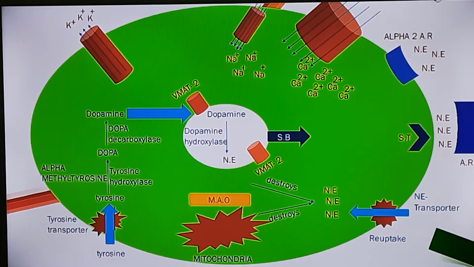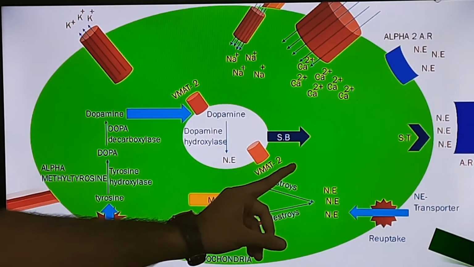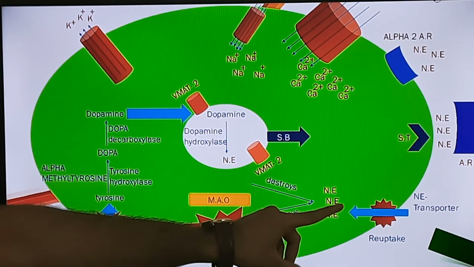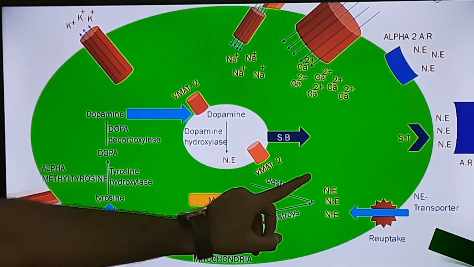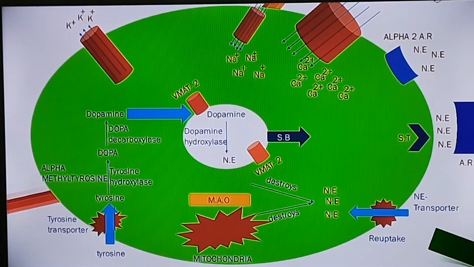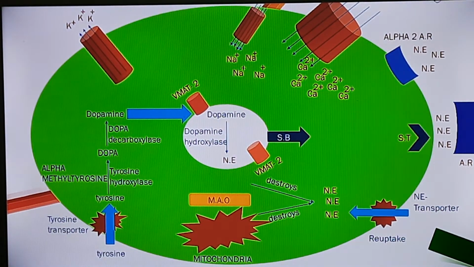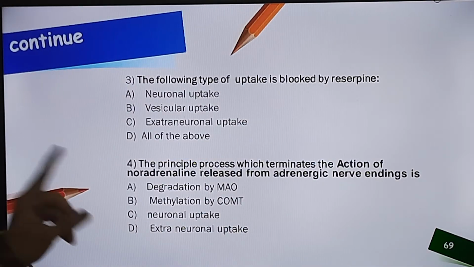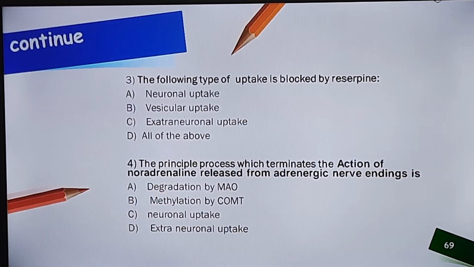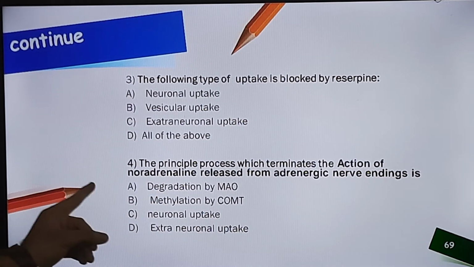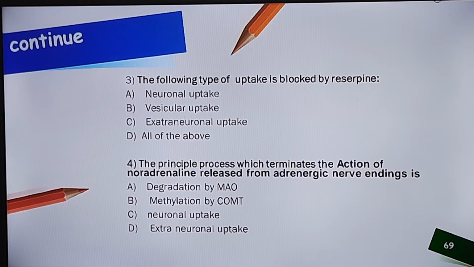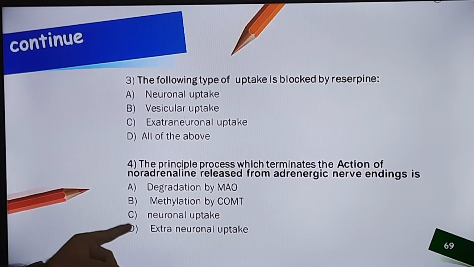Now what is the fate of our norepinephrine? The majority of this norepinephrine is taken back by our nerve ending with the help of the norepinephrine transporter, and this is the main principal step responsible for terminating the action of noradrenaline. So here the correct option would be C, that is neuronal uptake.